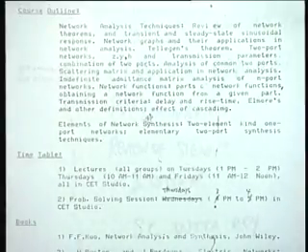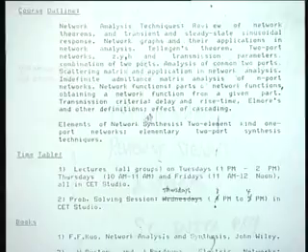Tellegen's theorem, we will do this. 2-port networks, Z, Y, H and transmission parameters, we shall do in detail. Combination of 2 ports, then analysis of common 2 ports. We will discuss scattering matrix characterization and application in network analysis. If time permits, we will do a little bit of indefinite admittance matrix analysis.